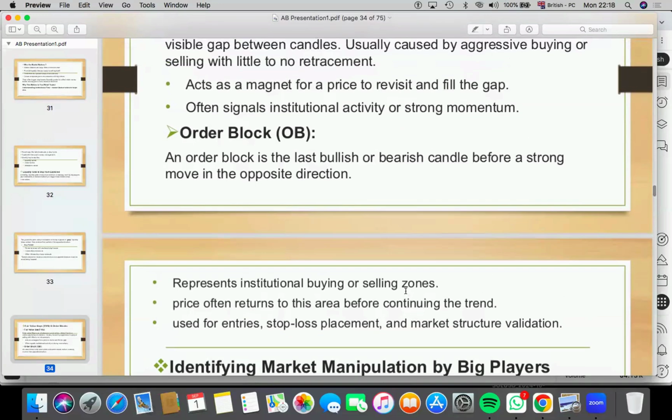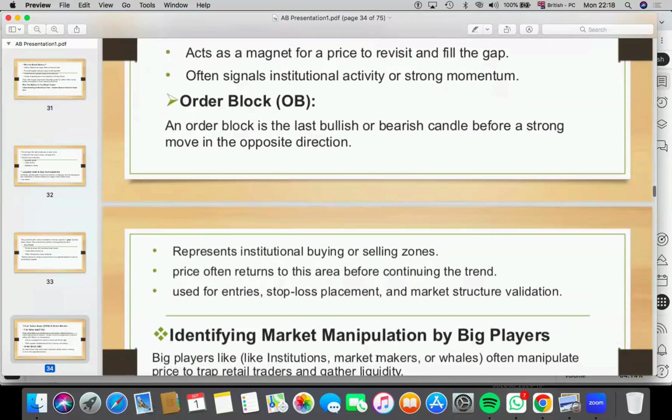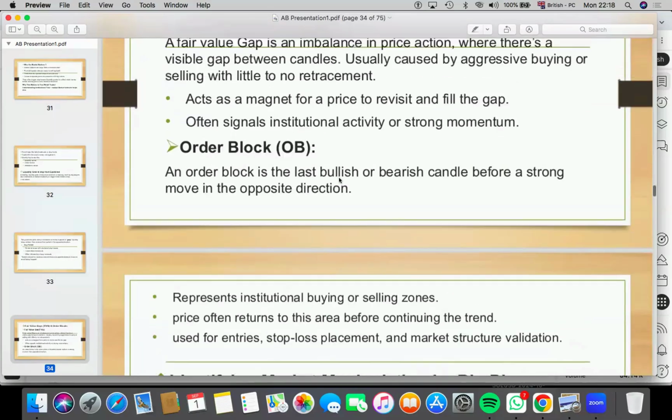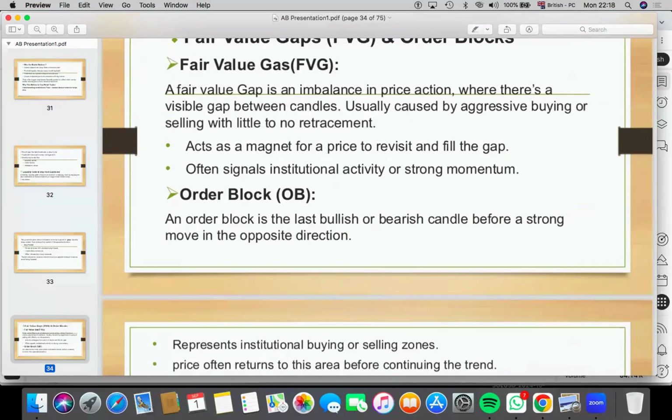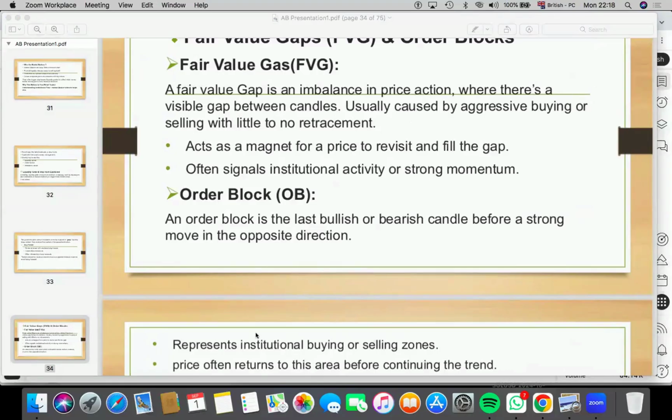So is there any question on how to identify market manipulation by big players? Before we go further to break down the manipulation, is there any question regarding what we've said up to this instance? If you have any question, please type in the chat box, about fair value gaps, imbalance, or OB, which is your order block.